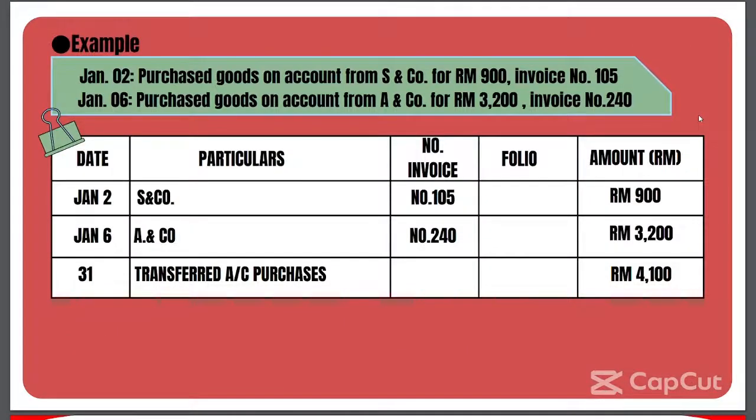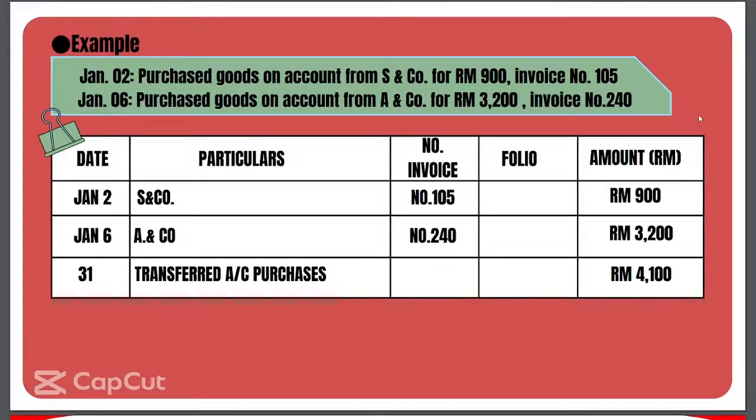Then I will explain how to record transactions in the purchase journal. Now look at the given example. First, Jan 2, purchased goods on account from SNCO for RM900, invoice number 105. First, we record the date, the credit account, the amount, and the invoice number.